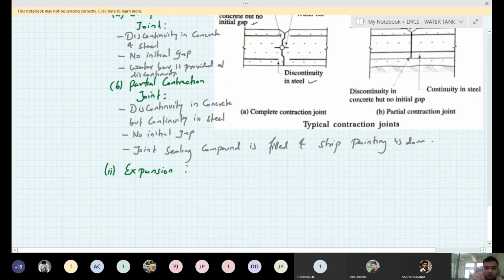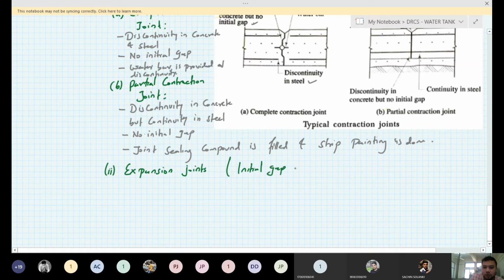Whereas in expansion joints, the initial gap is provided. Means we have a gap between the two surfaces of the concrete, which is filled with the jointing compounds.